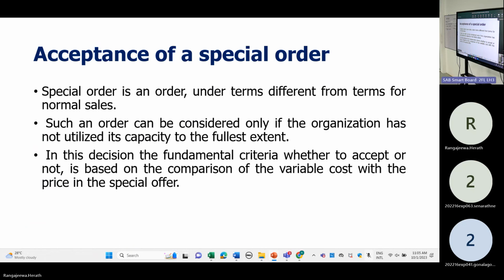Under normal circumstances, fixed cost will not be relevant because special order comes for the continuing business. So whether that order is received or not, your normal business process will be there. So there will not be change in that fixed cost. Under normal circumstances, for the special order, there won't be increase of the fixed cost. Right?